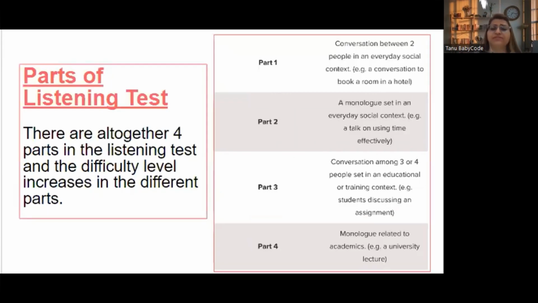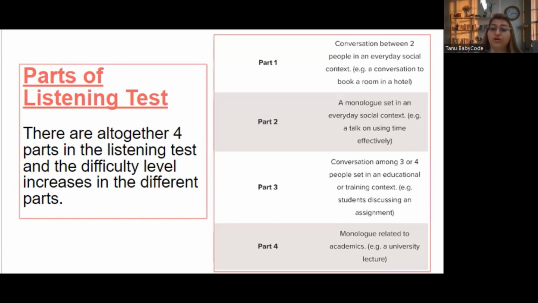Now, what are the parts of the listening test? In the initial, I told you that there are 4 sections in the listening test and the difficulty level keeps on increasing in different parts. So part 1 is all about conversation. Conversation between two people in an everyday social context. For example, a conversation to book a room in a hotel.